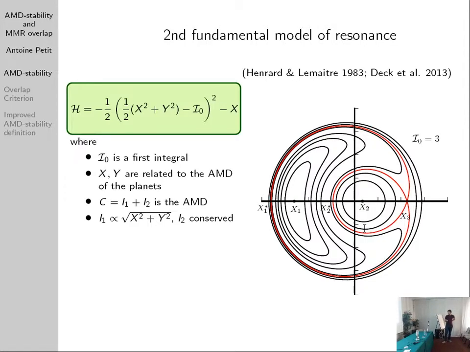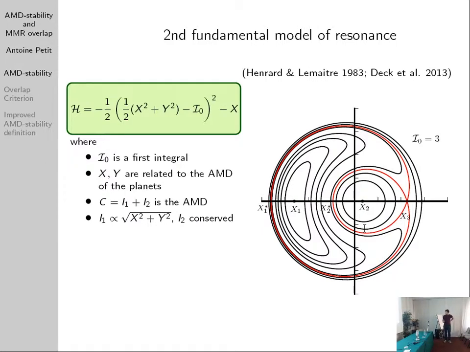This Hamiltonian has this form, where I0 is the parameter, and X and Y are related to the AMD of the system. Actually, the AMD is split between two quantities, I1 and I2. I1 is the modulus of the X and Y that you see in this plot, and I2 is the conserved part of the AMD.